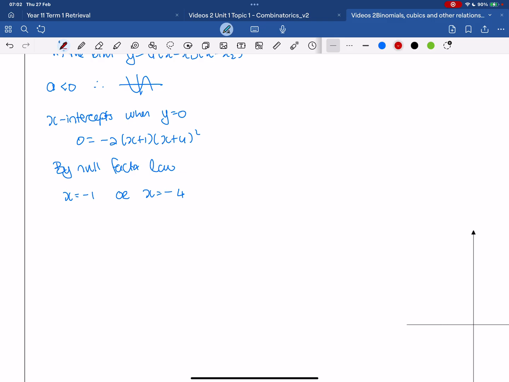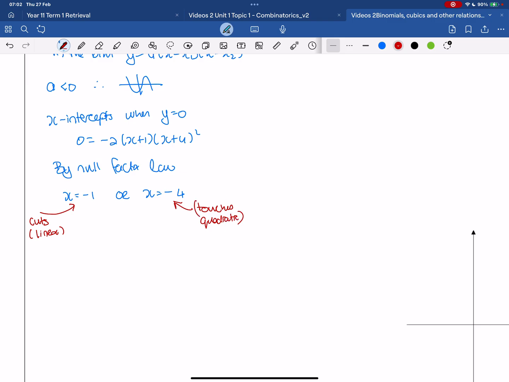And it's probably a good idea to just give yourself a little note there that cuts, because it's linear, and that's the one that touches because it's quadratic. It'll help you when you are sketching.